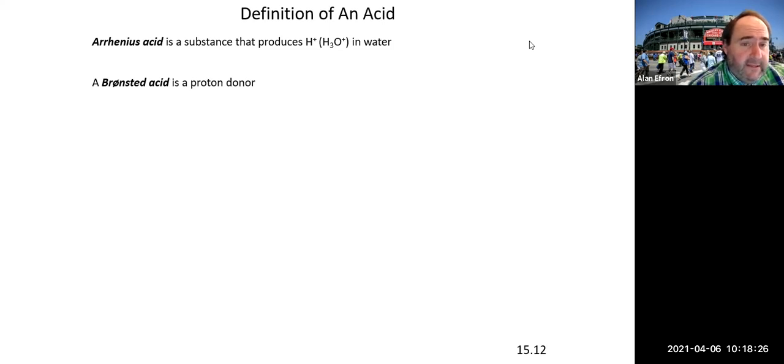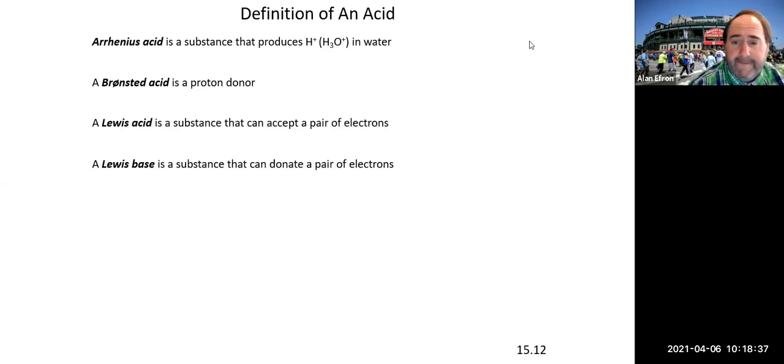The Bronsted-Lowry definition of an acid is a proton donor, while the Bronsted-Lowry definition of a base is a proton acceptor. So our good friend Lewis felt like he should have some definitions. If you remember Lewis from Lewis structures, when we think about Lewis structures, we probably think about electrons. And obviously in this case, his definition of an acid and base deals with electrons.